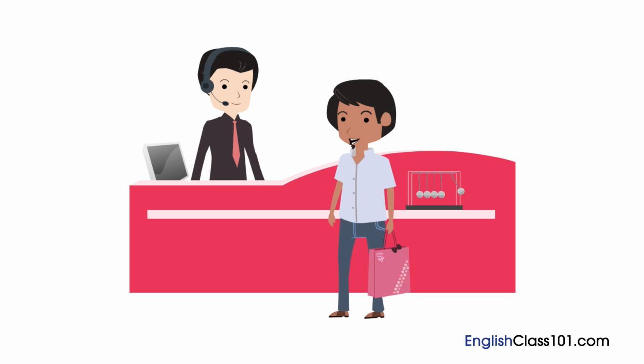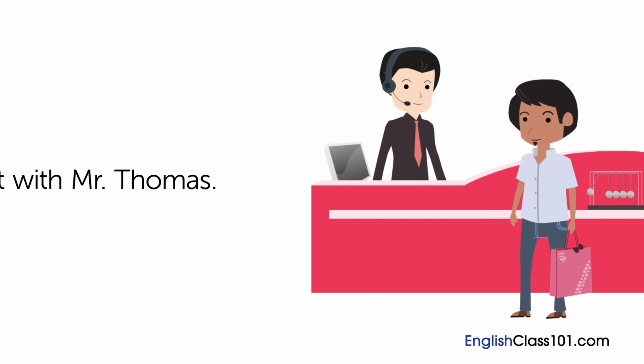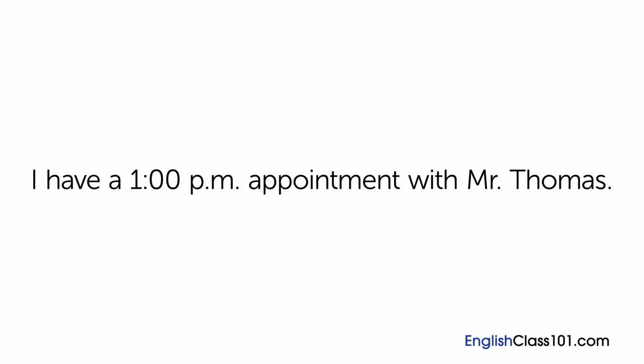I have a 1 p.m. appointment with Mr. Thomas. First is the phrase, I have a. Next is the time, 1 p.m. After this is the word, appointment. Next is the word, with. And finally, you add the name of the person you are meeting with, Mr. Thomas.